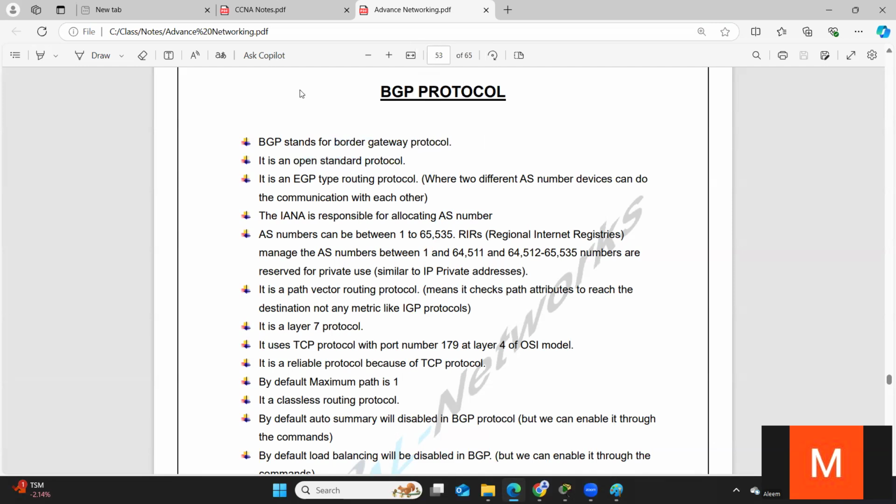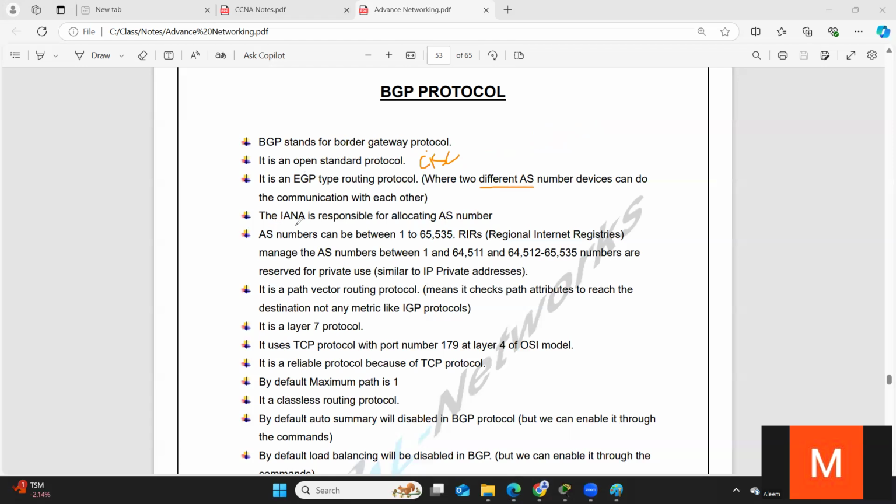Open standard means it will work on Cisco devices as well as non-Cisco devices, whichever, Aruba, Juniper, HP, the entire networking devices. And it is an EGP type protocol, where two different AS number devices can communicate with each other. Two different AS is the reason it is an exterior gateway protocol.